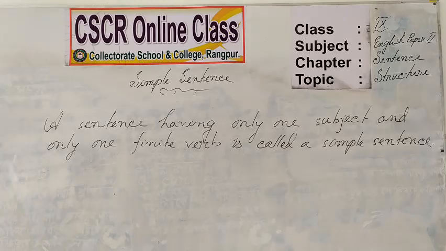A sentence having only one subject and only one finite verb is called a simple sentence. Dear students, perhaps you can share also some examples.